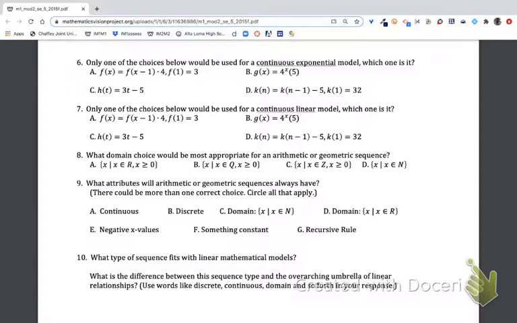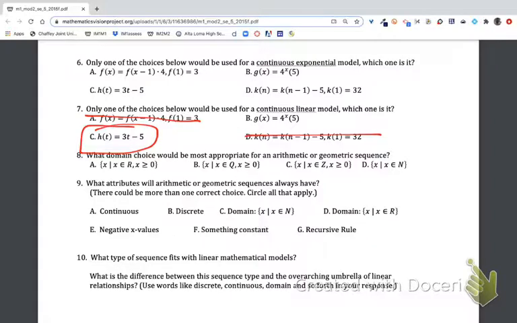So I need an explicit equation, which means that A and D are out, and I need it to be adding or subtracting each next step. Well, I know that B is going to be multiplying each next step, and I know that C is subtracting 5, so multiplying by 3, but then subtracting 5 each next step. So number 7 would be C.